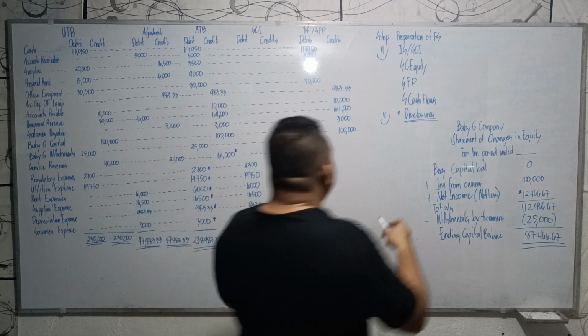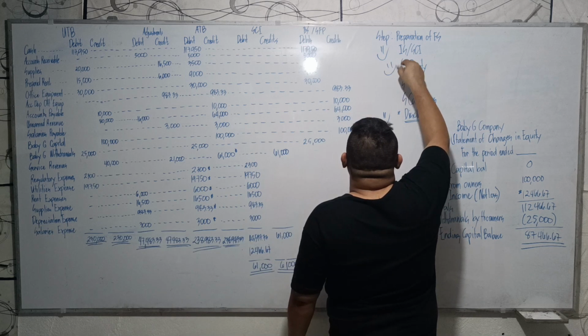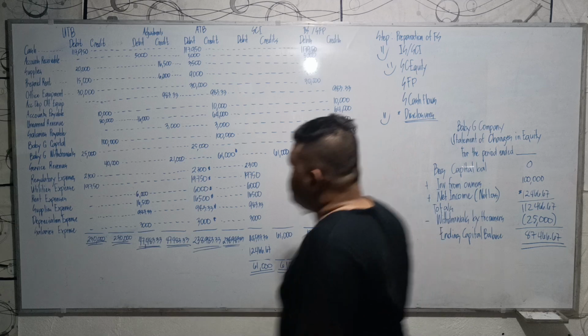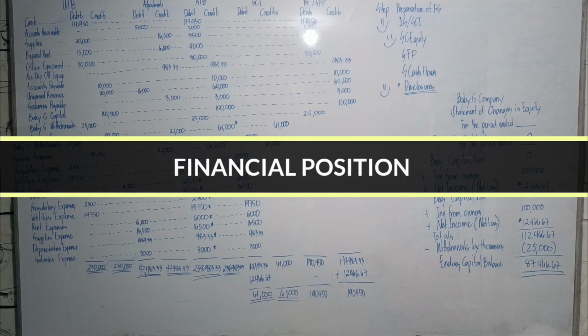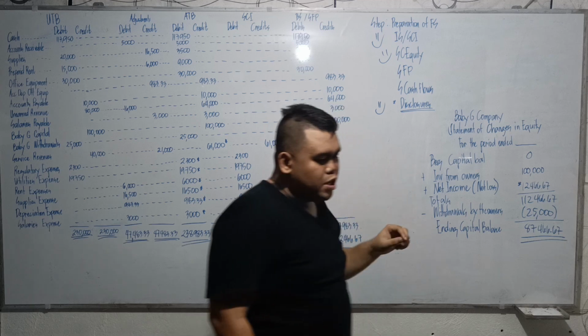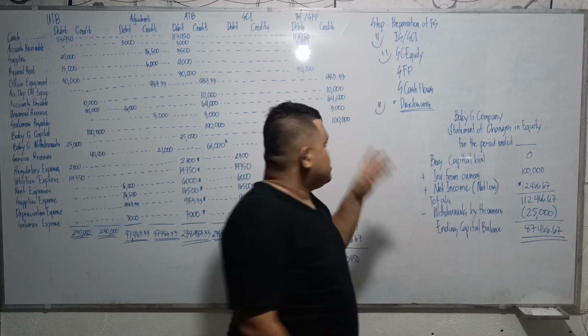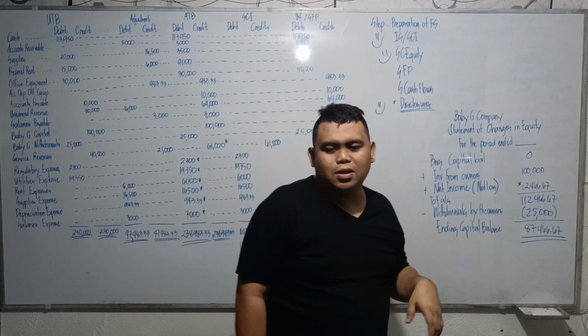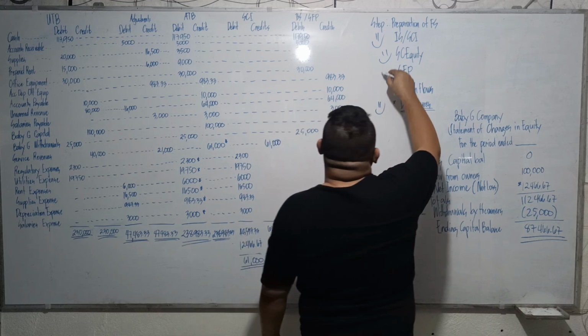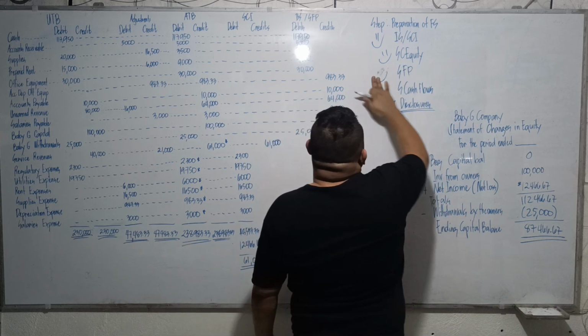Now, let's move to statement of financial position in a little while. Okay? So, this is again the statement of changes in equity. Okay? So, for the last financial statement that we're going to talk about in this episode, we have statement of financial position. No, not yet.